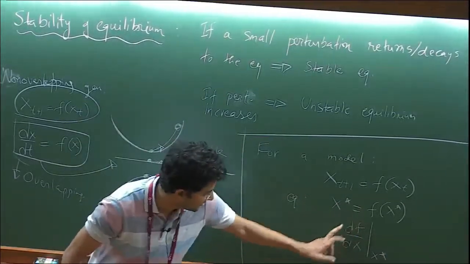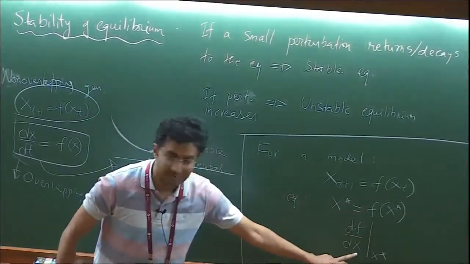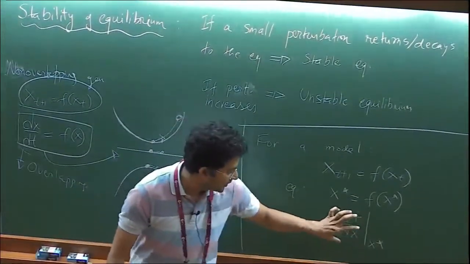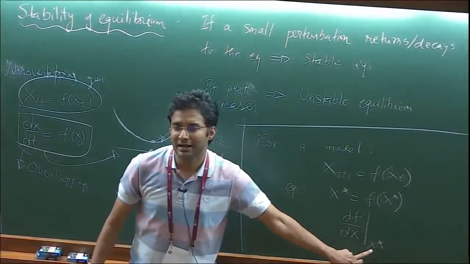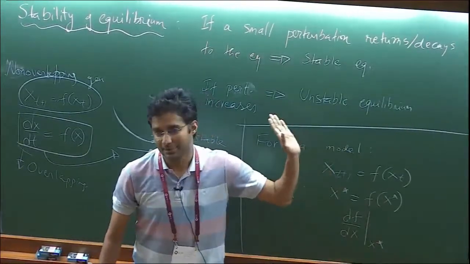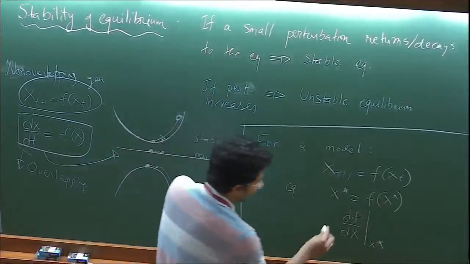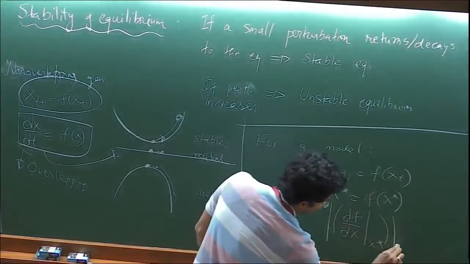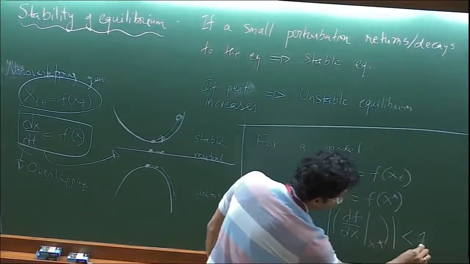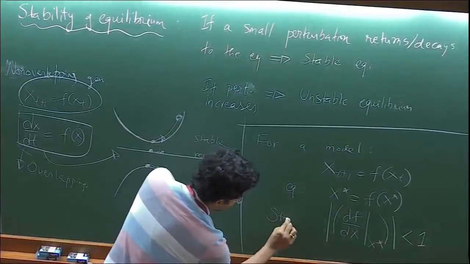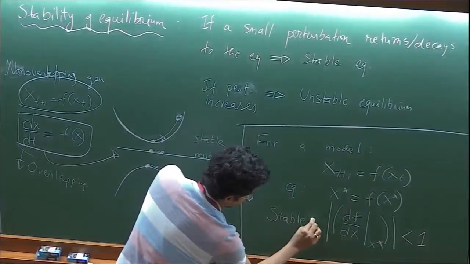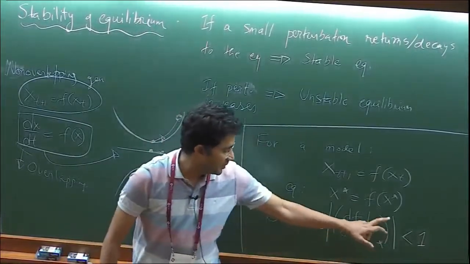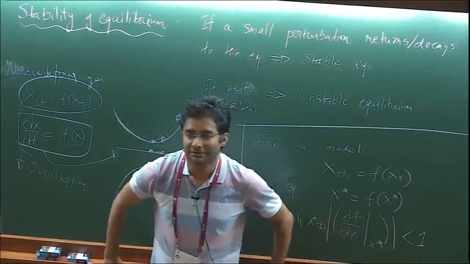So all of you understand, this is the derivative of the function f with respect to x, and you get a new function now and evaluate that new function at the value of the equilibrium. And if the modulus of this quantity, I'm sorry, I'm using really horrible notations here, is less than 1, the equilibrium x star is stable if the modulus of this derivative is less than 1.